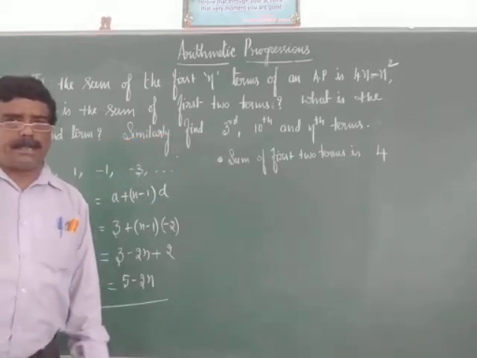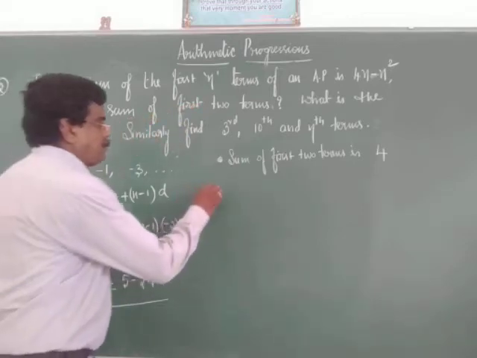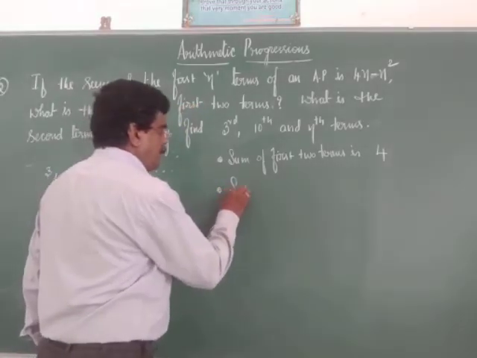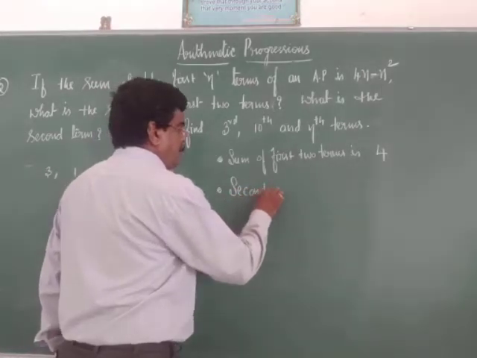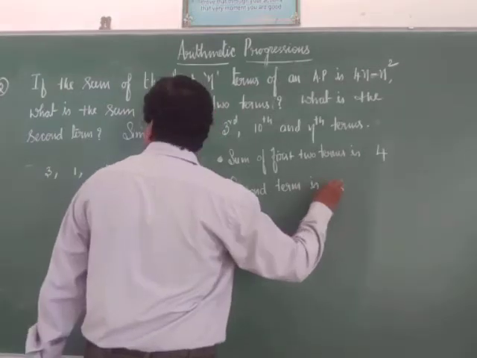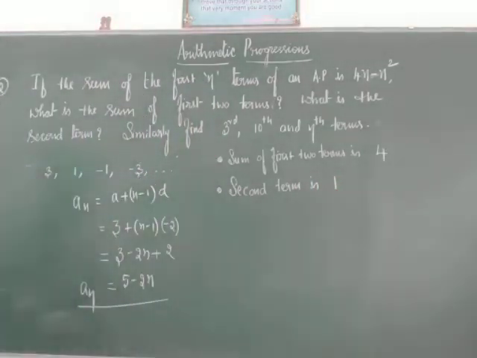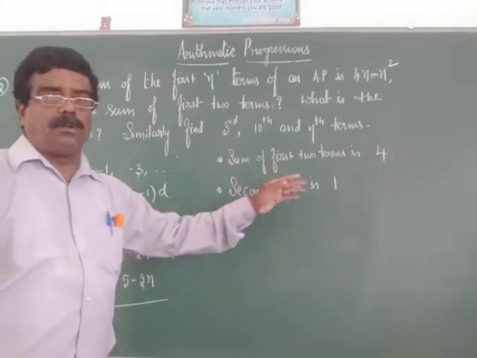That also tallies. Now the second question is what is the second term? Second term we will also find. The second term is 1. We already found it, you can make out A2 is equal to 1.